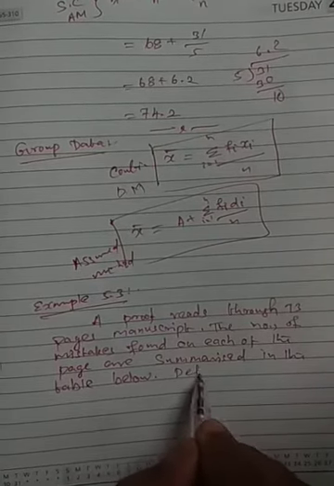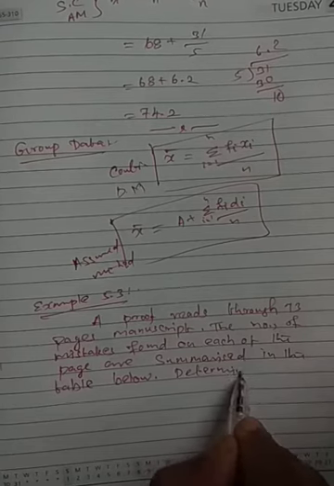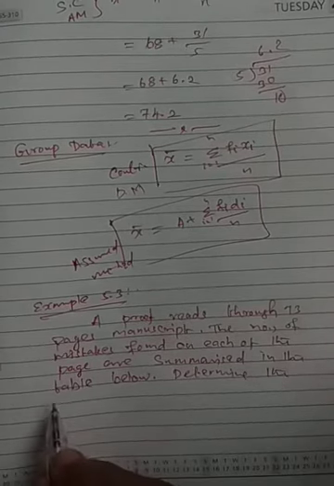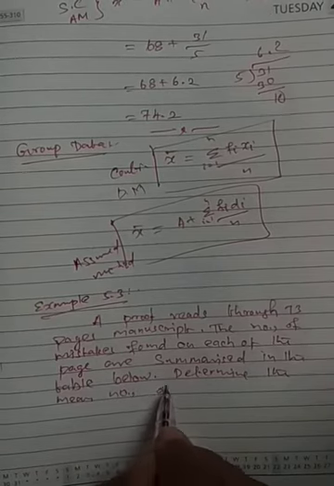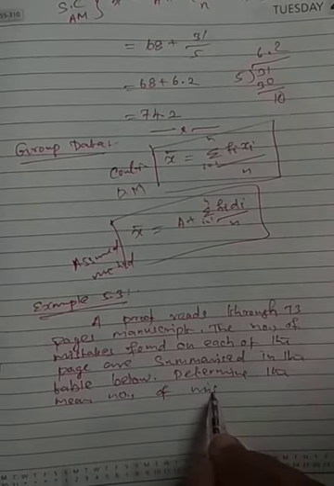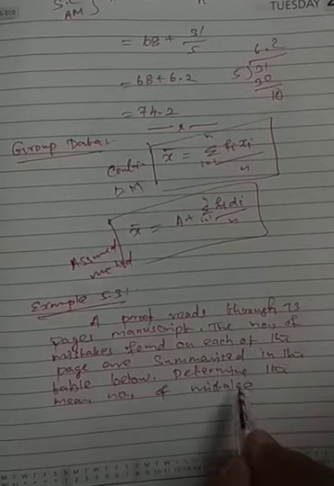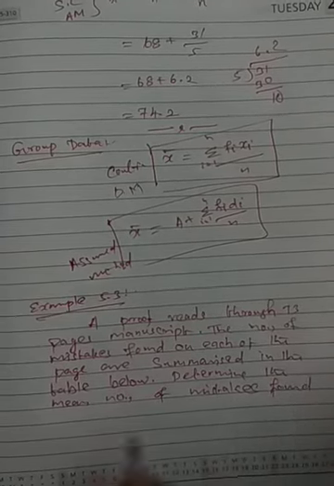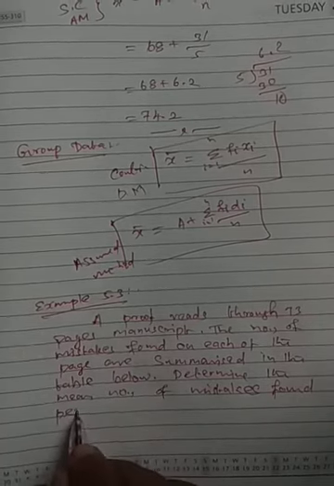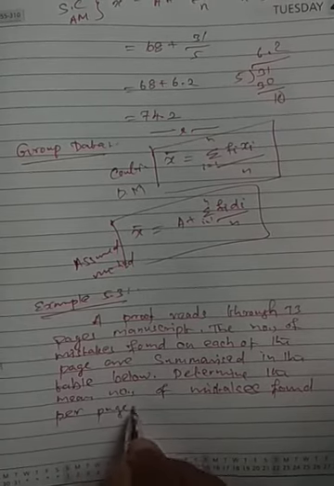Okay, determine the mean number of mistakes found per page. Each page also we can write, but it is given like so.